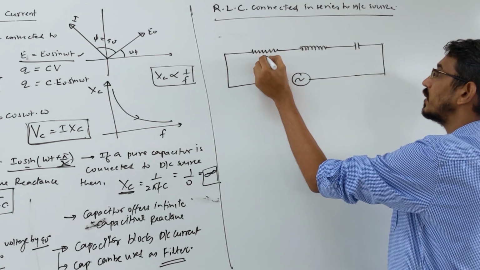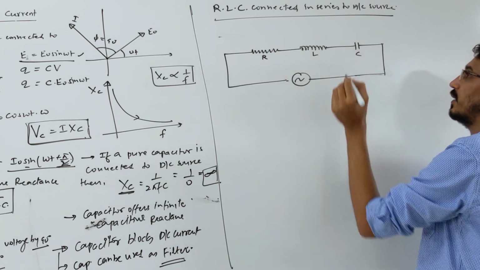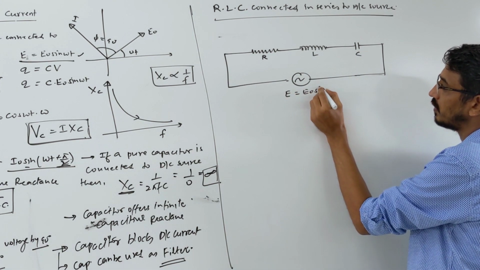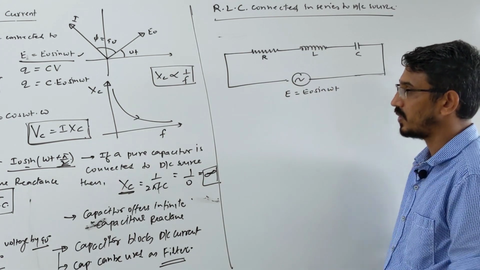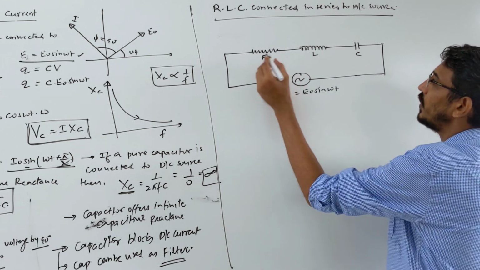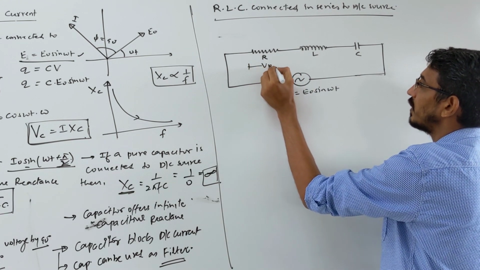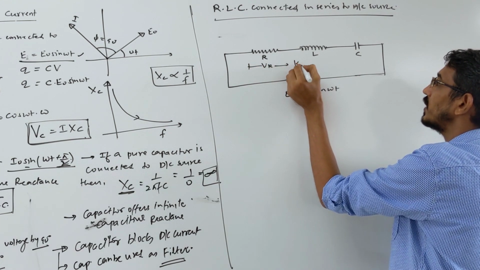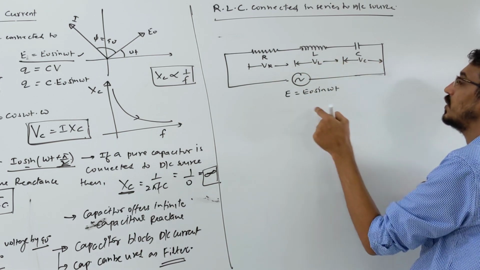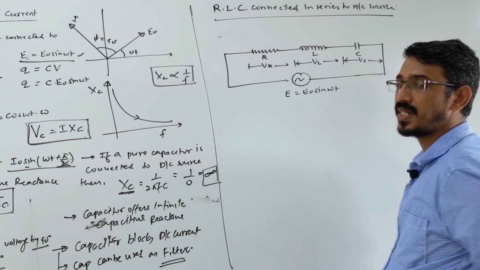So R, L and C, these are the values. The voltage applied has the same equation, E is equal to E naught sin omega t, a sinusoidal wave, correct. The voltage drop here is called VR, here VL, and here VC. So this net voltage is divided among these three elements.